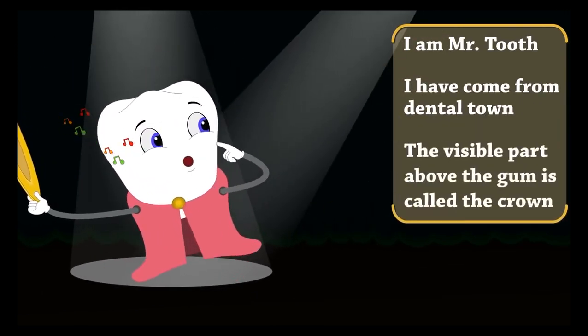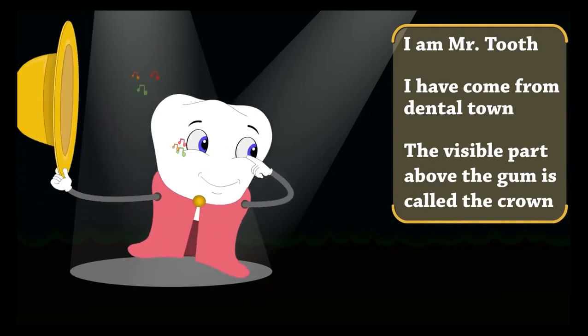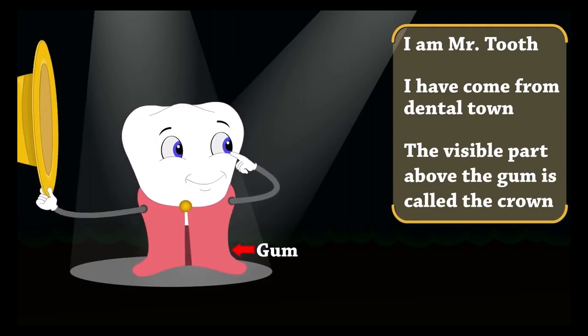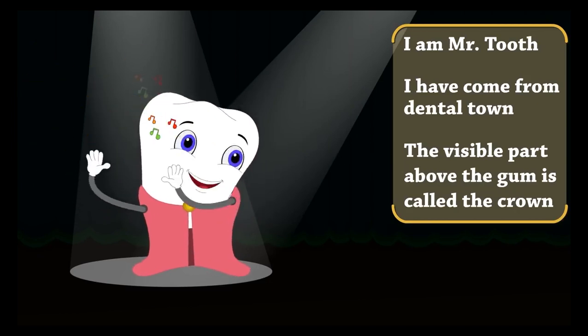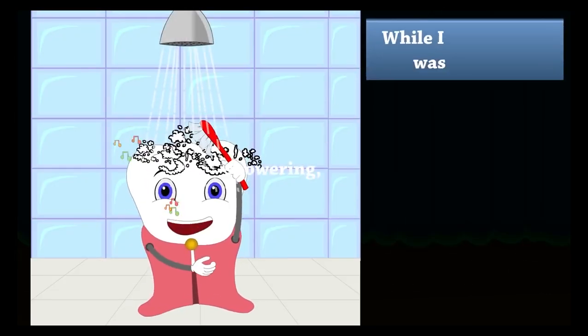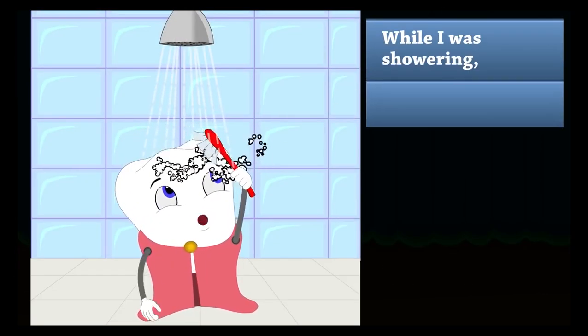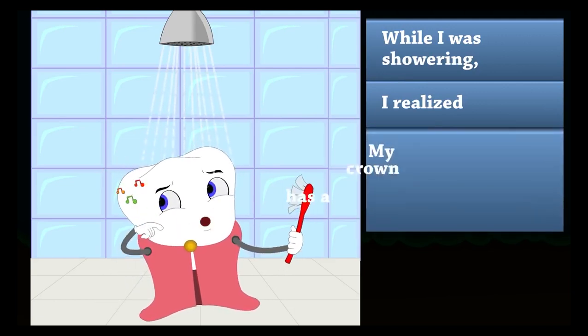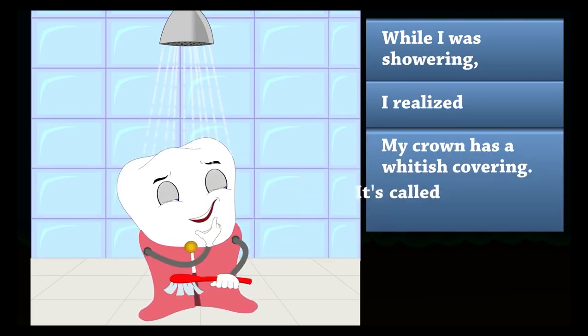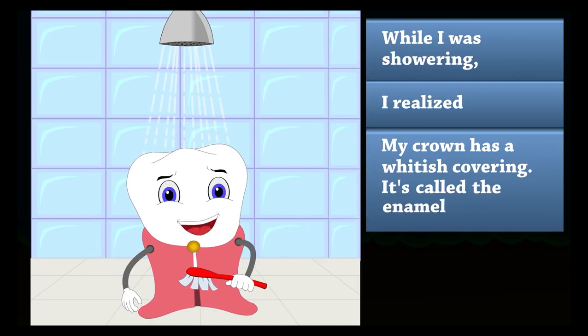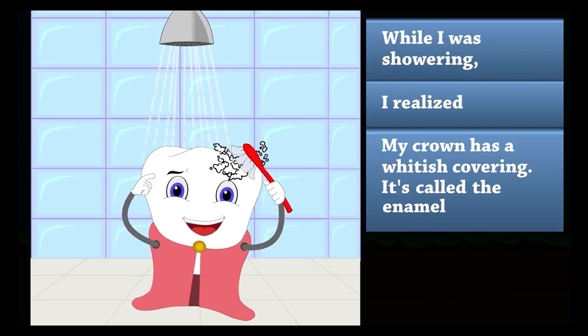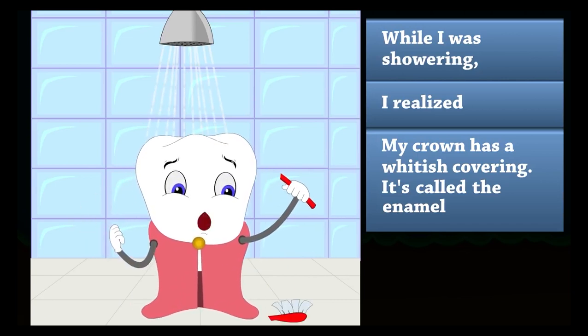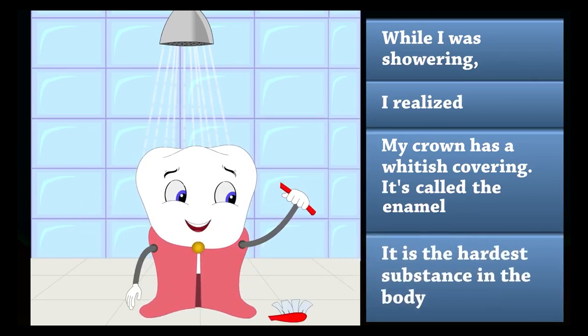The visible part above the gum is called the crown. While I was showering, I realized my crown has a whitish covering. It's called the enamel. It is the hardest substance in the body.